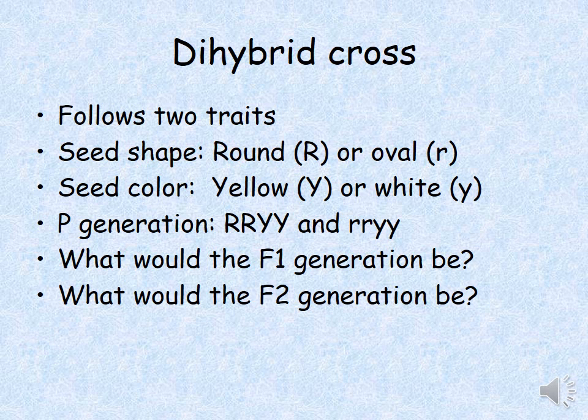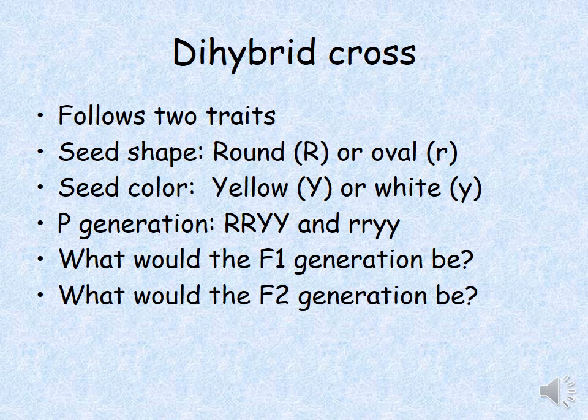So dihybrid cross, you're going to be following two traits. So we're going to be looking at seed shape and seed color. Seed shape, big R is round, the dominant. Little r, the recessive, is oval shaped. Seed color, big Y is yellow, and little y is going to be white.